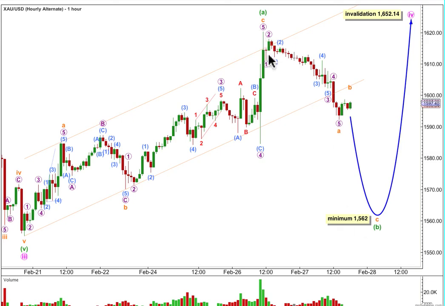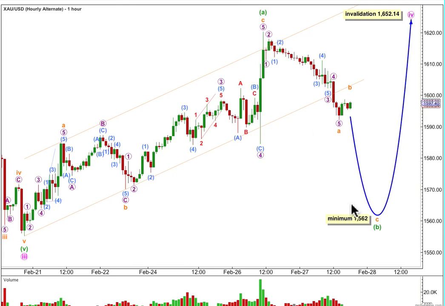The double would be joined by a 3 in the opposite direction, labelled minuette X, which is probably going to be a zigzag, and then we'd be looking out for another corrective structure to unfold, probably for 2 or 3 days or so, which would probably end around about the same level as the first zigzag in the double. Overall, moving price sideways.